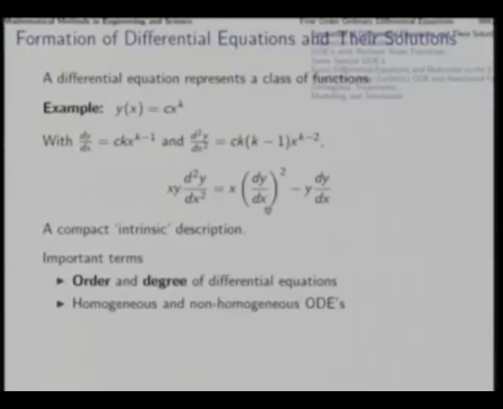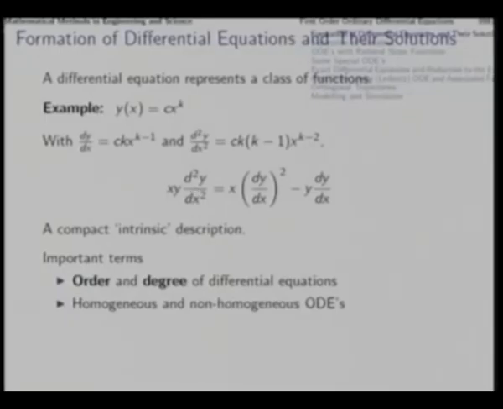Now, in the classification of differential equations, there are two important terms, order and degree. Order of the differential equation is the order of the highest derivative that is appearing in the differential equation. For example, in this case, the order of this differential equation is 2, because this is the highest order derivative that is involved.